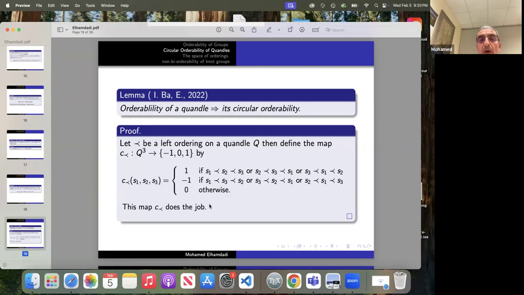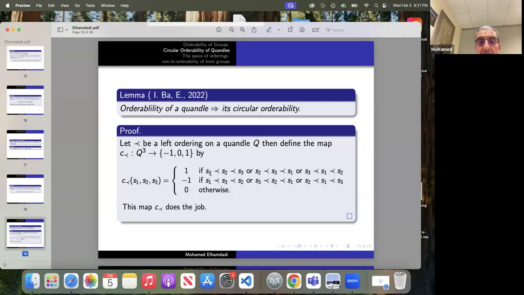Circularly orderable quandles can be finite, while orderable quandles cannot be finite. The way to construct a circular ordering when you have an ordering on the quandle is the following: think of S1, S2, S3 on a circle.